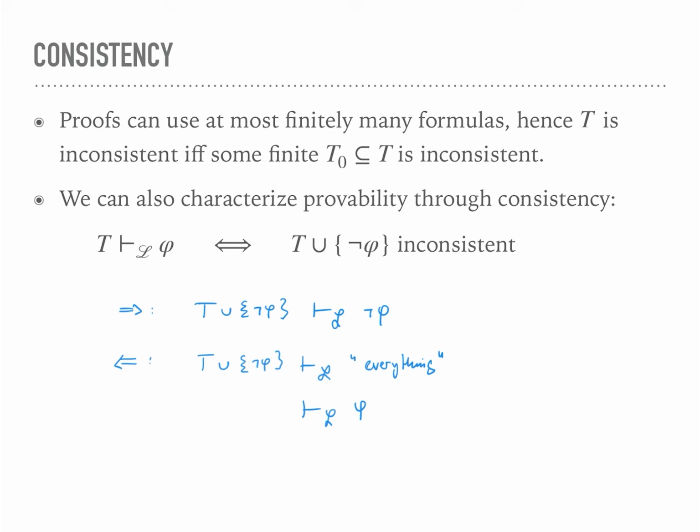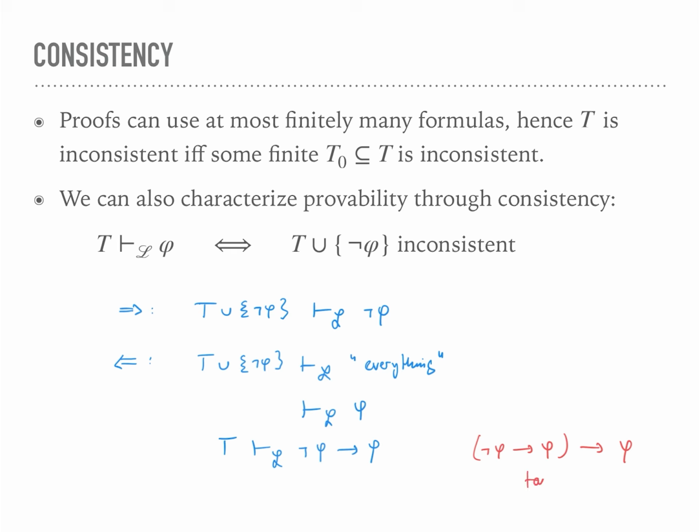Well, the trick here is a theorem that we'll see on the next slide. It's called the deduction theorem, that allows us to pull this element over to the other side in the form of an implication. So we will see that this implies that T proves not phi implies phi. And then to finish the proof, you use modus ponens together with a tautology, of the form not phi implies phi, that this implies phi.